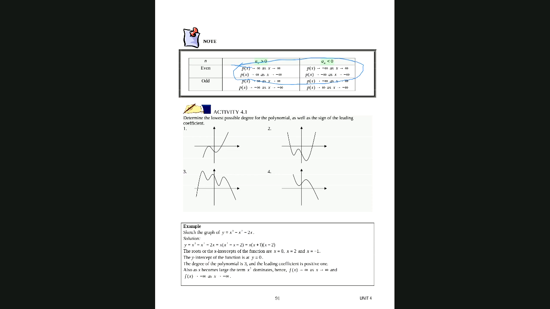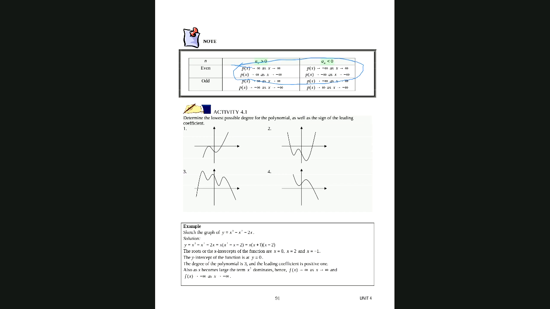Negative. Yes. You can see that the sign of the leading coefficient is negative because as x approaches negative infinity, y approaches negative infinity.